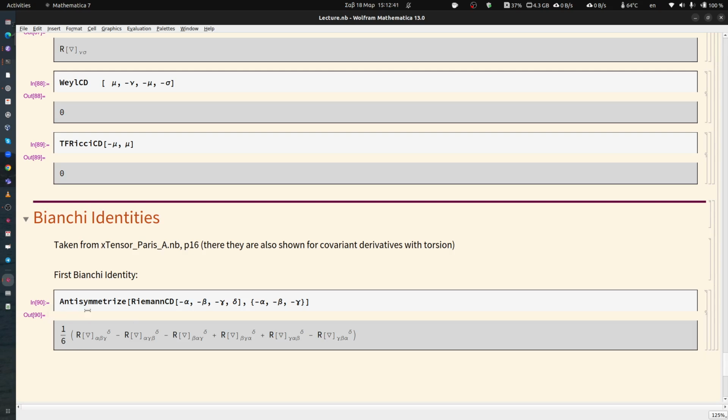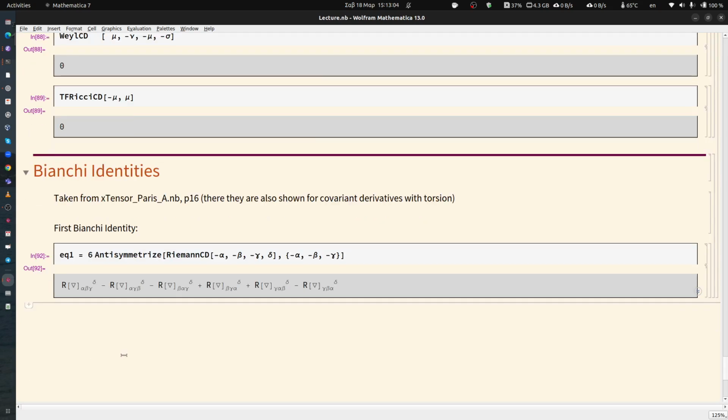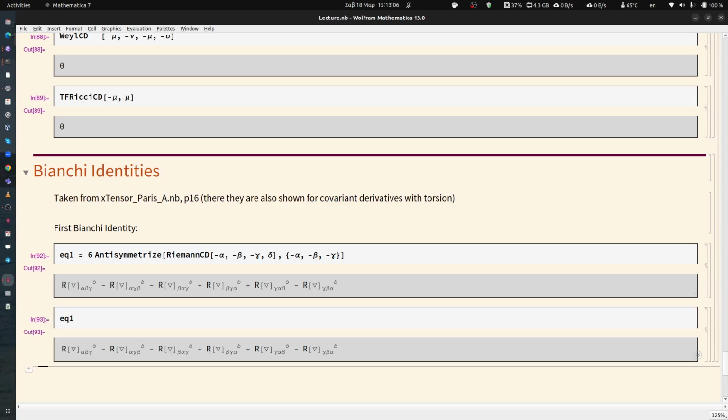But as we have seen above, even by applying simplification, this is not built in xTensor. So let's multiply here by 6 to get rid of the normalization factor and call this expression equation 1. So that is equation 1.